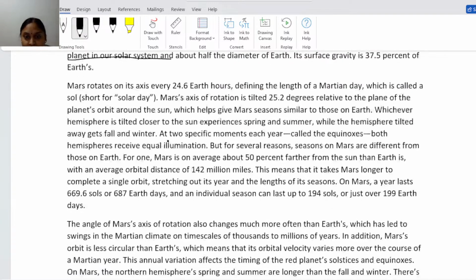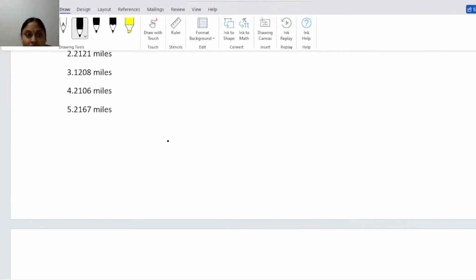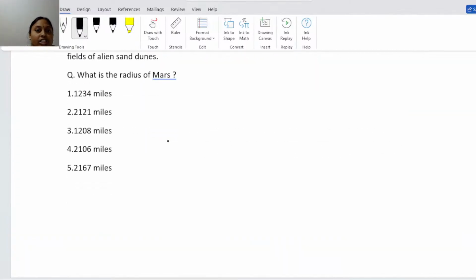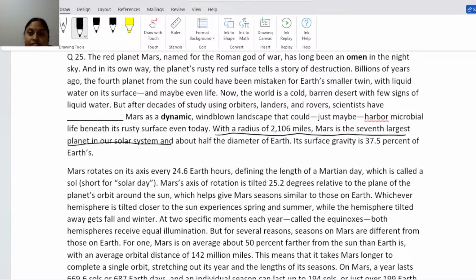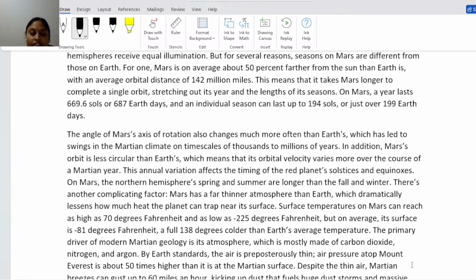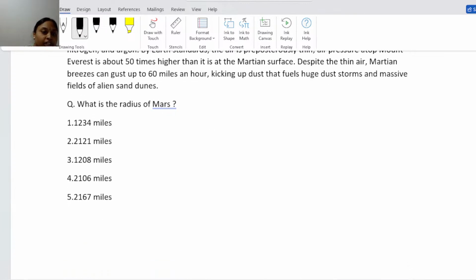So accordingly, what will be the answer here? What is the radius of Mars? Please let me know, everyone. 2,106 miles. Earlier I underlined, see here, 2,106 miles. So from the paragraph only we are getting the answers.